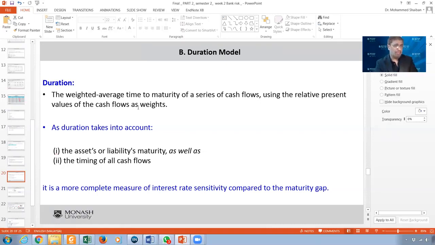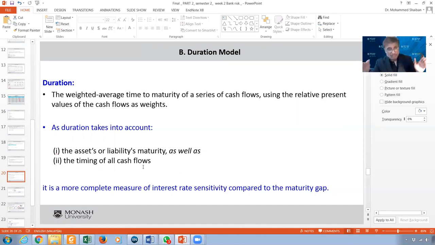So duration takes into consideration the asset or liability maturity, as well as the timing of the cash flow. Because now I need to put the assets and liabilities in different maturities. If it is a loan of 3 years, I will put it as a loan of 3 years. But actually, if there is a cash flow coming, it's not 3 years, it will be less than 3 years.